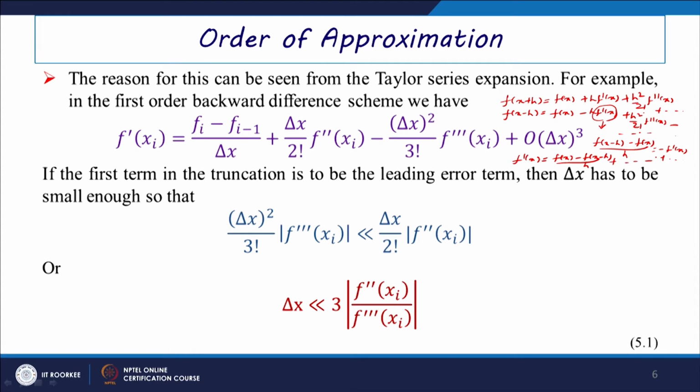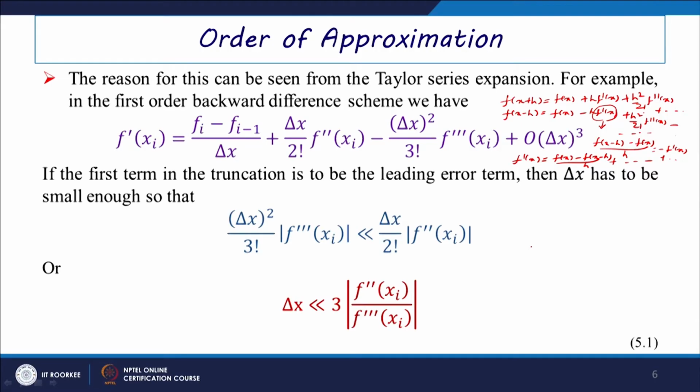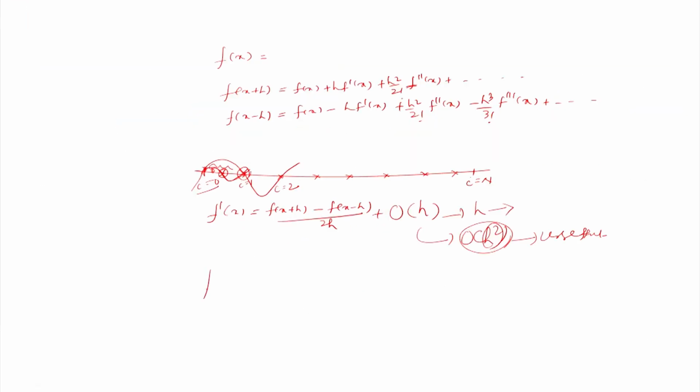And especially for this case, if we are considering the grid, suppose the starting point is from here, and then we start with x0, x1, x2, x3 up to xn, the last point here, then we can say that this difference can be defined at a particular point, or we can say that xi is the point where i is varying from 1, 2, 3, or we can consider 0, 1, 2, 3 likewise here.